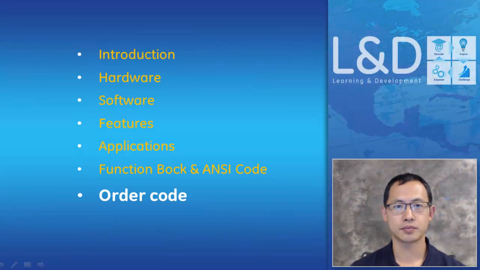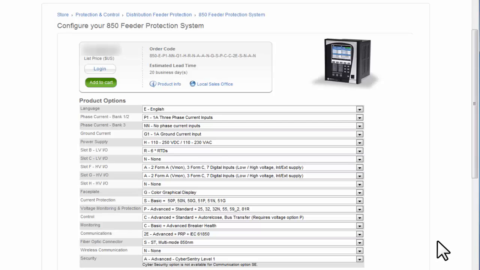Order code. In this part, I'll demonstrate how to order 8 series relays from the GE Digital Energy website. So this is the 850 relay.